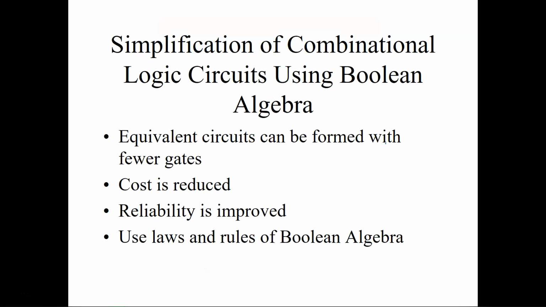Okay. So equivalent circuits can be formed with fewer gates, so you reduce cost. Why would that be a big thing? Why are we looking to reduce cost?